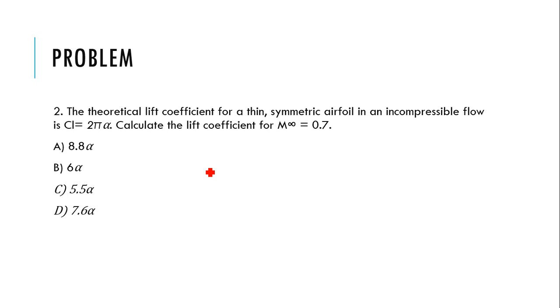In place of Cp, we substitute CL. The formula is CL equal to CL0 divided by square root of 1 minus M infinity square. In place of M infinity we put 0.7, and in place of CL0 we substitute 2 pi alpha. Then we will get a value for CL.